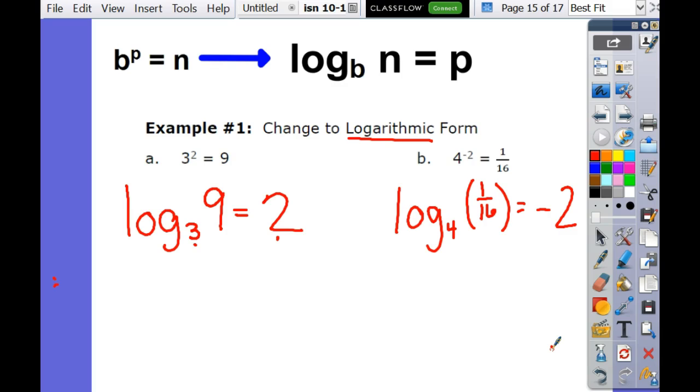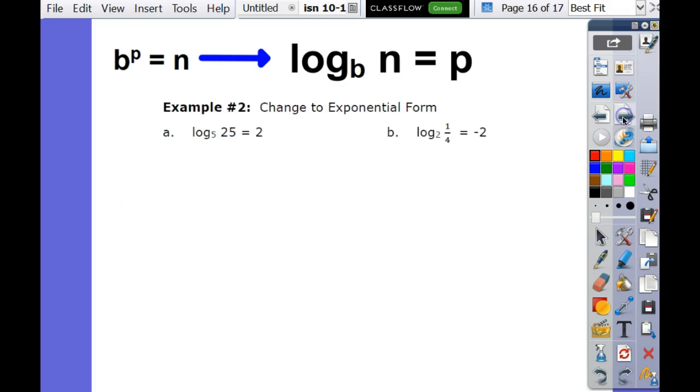Do you have that? All we're doing is changing from one form to another. We're not even asking the question, is it true? It is, by the way. But we're just changing from one form to another. These are in log form, so we're going to change them to exponential form. The base is 5, so the log is the exponent. This number becomes the power, and that is equal to 25.